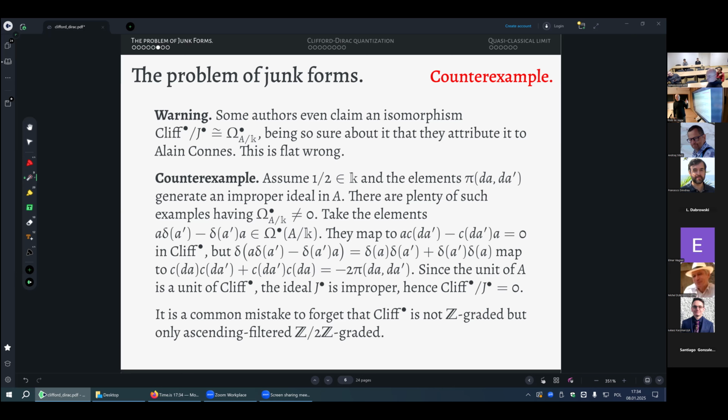And let's assume about our algebra that elements which are values of this symmetric form on differentials of functions generate an improper ideal in A. Improper ideal means that this ideal contains the unit of this algebra. First of all, there are plenty of such examples having this module of differential forms non-trivial.